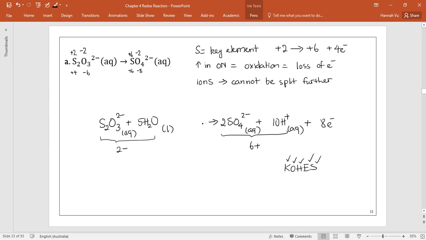And because you have 2 sulfur atoms, it must lose 8 electrons. So the number of electrons lost based on the oxidation numbers should match the number of electrons required to balance the charge, which is a strong indication that your half equation is correct. So that's that for part A.